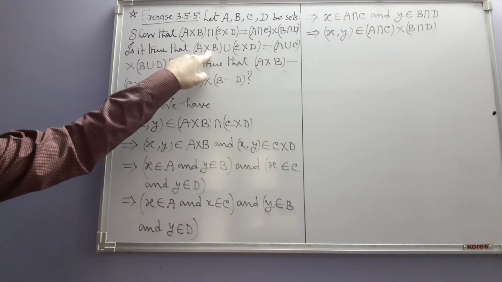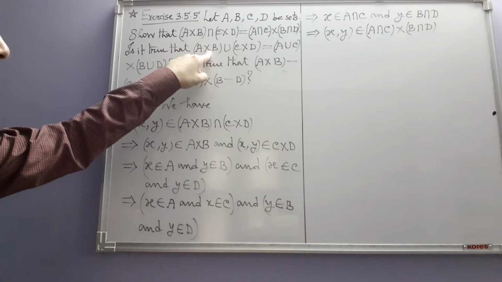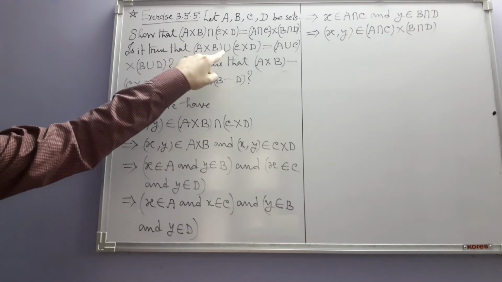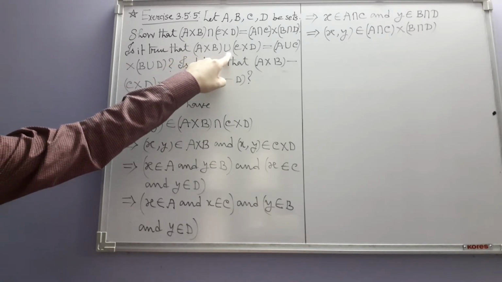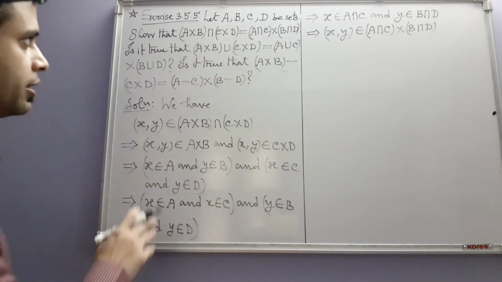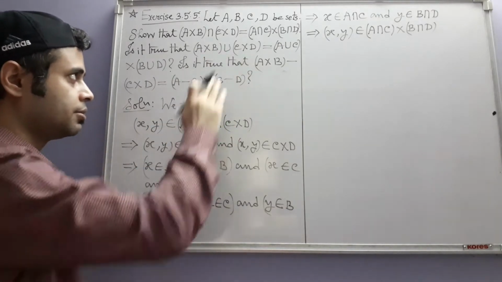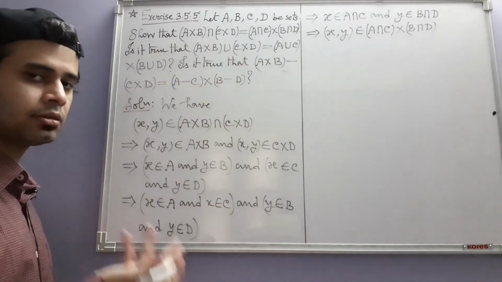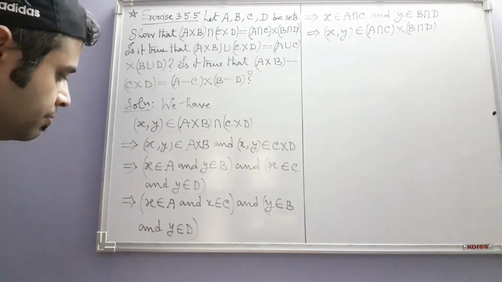From this Cartesian product we will have AND, but because of this union we will have OR, and they will get mixed up together, and that will create problems for this identity, which ultimately we will see is not true.